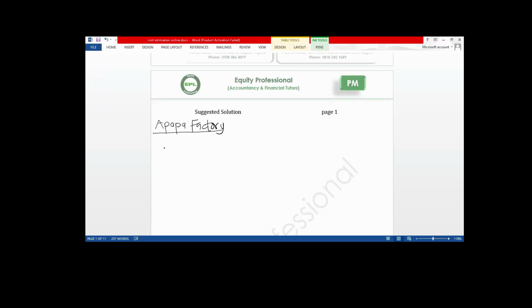The first thing to do is to determine the number of units produced at 80%, at 90%, and at 100% level of activity. You will convert the percentage to number of units produced. That will be your step number one.